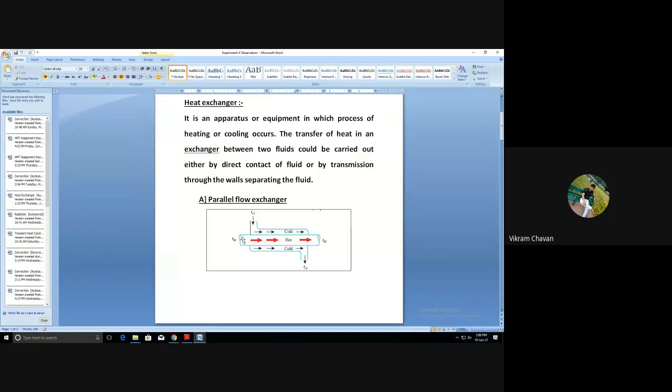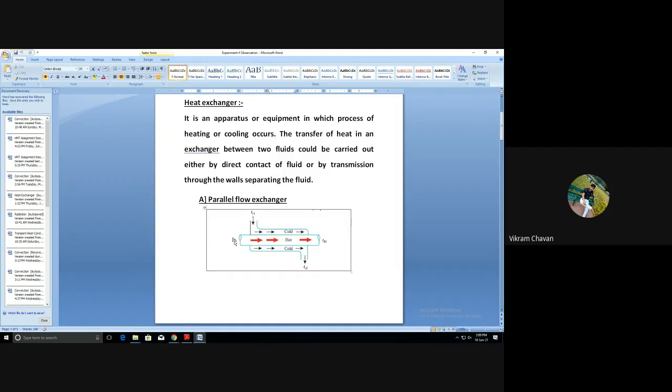After entering, both the fluids have the same flow direction, and at the other end, both the fluids leave the heat exchanger.